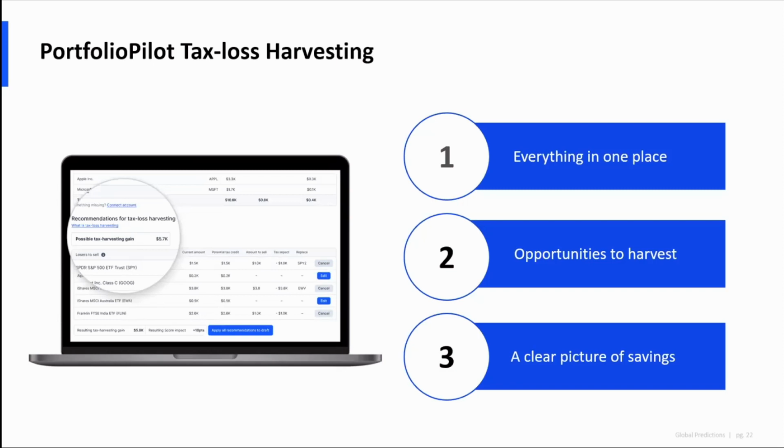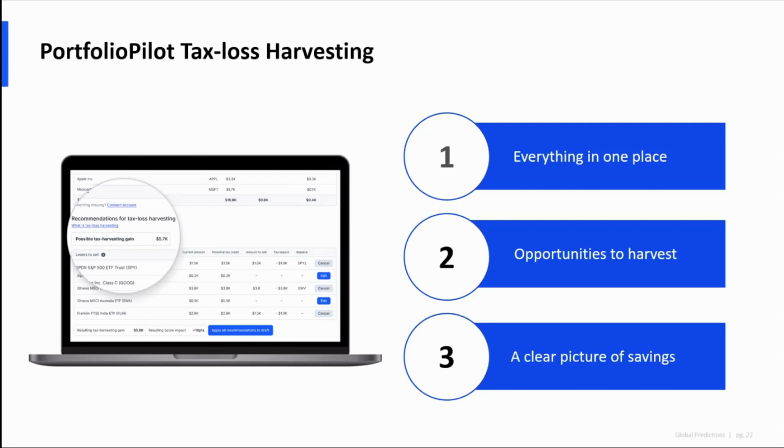Like Reed had mentioned before, usually this is something a wealth manager does, or I know that there's robo-advisors that advertise this as a feature. And so we were really excited to build a tool into PortfolioPilot. And just like the entire platform, this is a free feature for every individual investor to use.